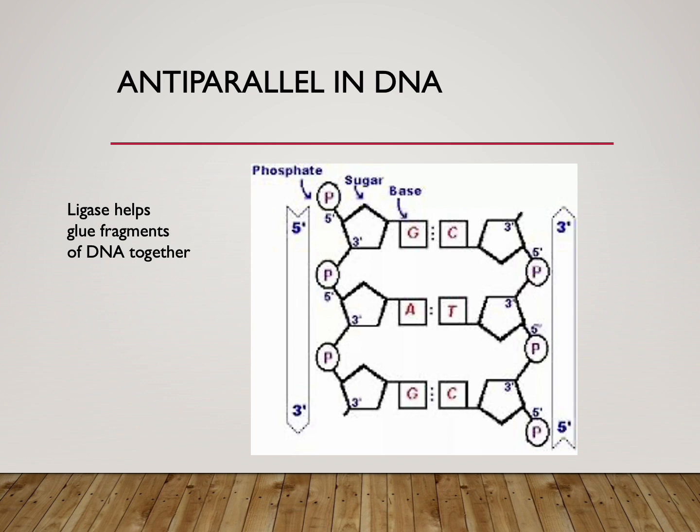All right, guys, remember when I said that on the diagram, when I was showing you how the arrows moved in opposite directions? That's because DNA is anti-parallel, and you need to know this term, anti-parallel. The anti-parallel is the direction in which that new strand is made.